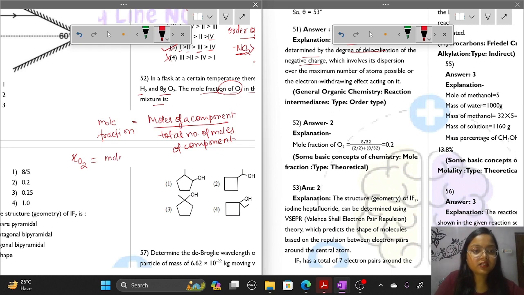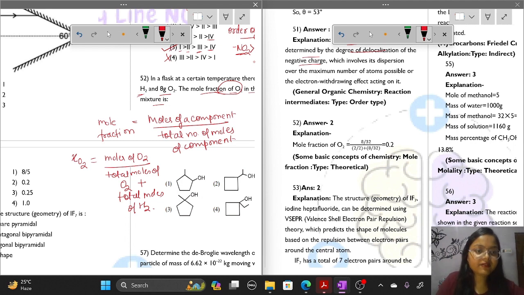It will be moles of O2 divided by total moles of O2 plus total moles of H2. Here H2 is also there, right?